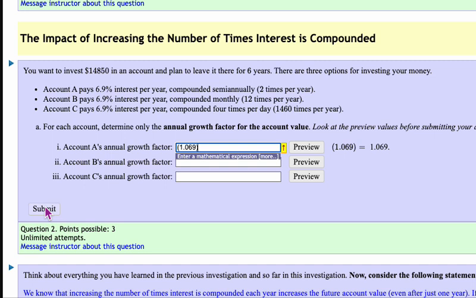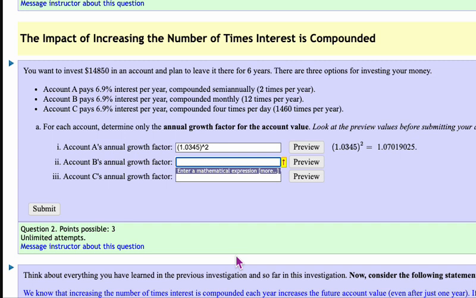Okay, so if it's compounded semi-annually, you would do $6.9 divided by 2, which is 3.45. Okay, let me put in there 3.45. But then I have to do it twice a year. And so see how that's 1.070. Okay, there we go. I really had to think about that for a minute.